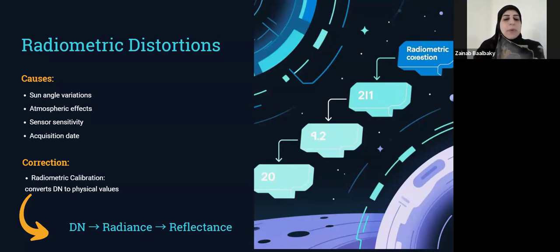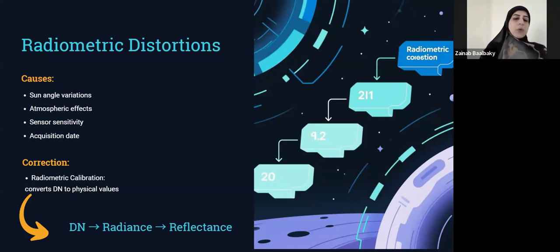The cause of radiometric distortions is that when sunlight reflects from the surface toward the satellite, the recorded DN values don't represent the true surface reflectance. This is due to sensor sensitivity differences, atmospheric effects, and sun angle variation. As a result, pixel values for the same location can differ significantly between images taken at different times.